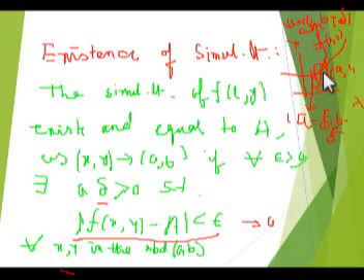The function has a limit point A such that the modulus of the difference from the limit point is less than epsilon for all values of mod of x minus a less than delta and mod of y minus b less than delta.